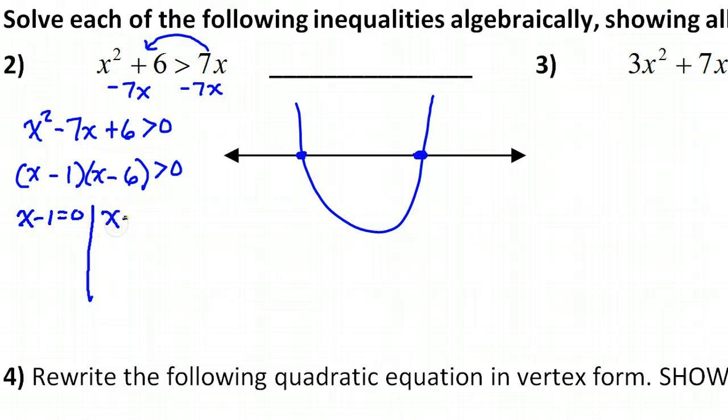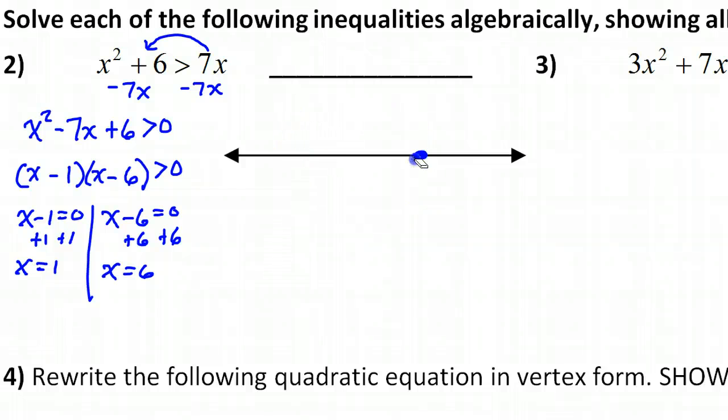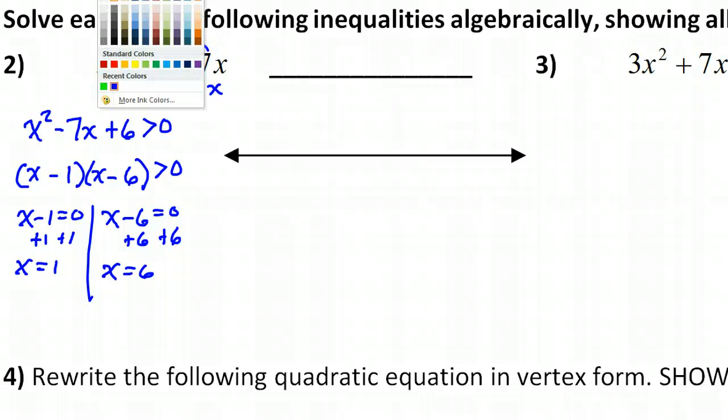Adding 1 to both sides gives me x equals 1, and adding 6 to both sides gives me x equals 6. We're not really going to draw the parabola, but we know that we have x-intercepts at 1 and 6.